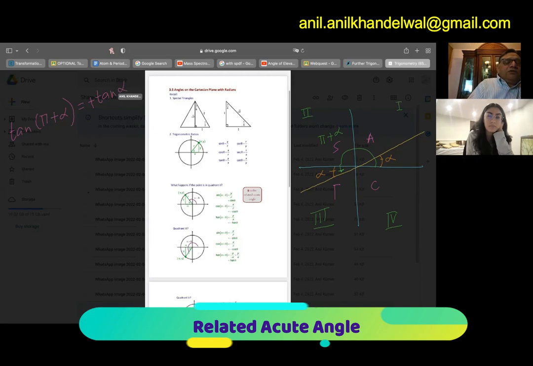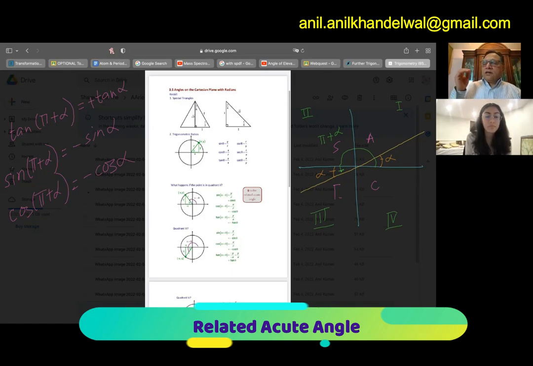But sine of pi plus alpha will be negative sine alpha, and cos of pi plus alpha will be negative cos alpha, because sine and cosine are negative in quadrant 3. Does that make sense to you? Yes. So once you know the angle in quadrant 1, you can find its image in any other quadrant. You just have to find its vertically opposite angle.